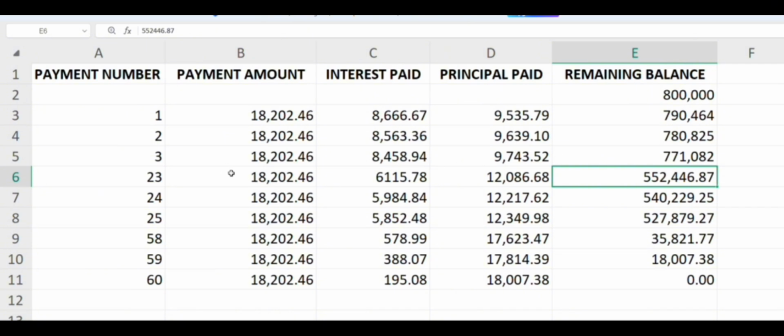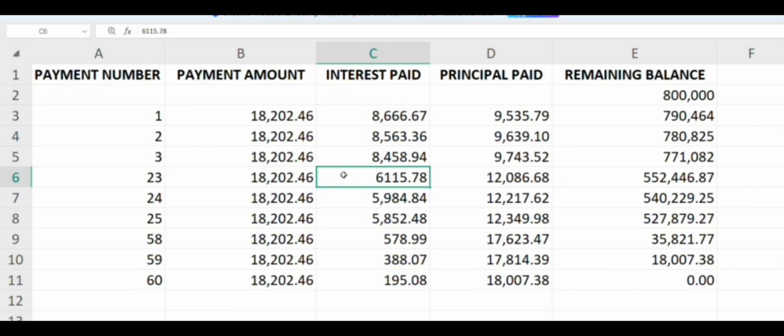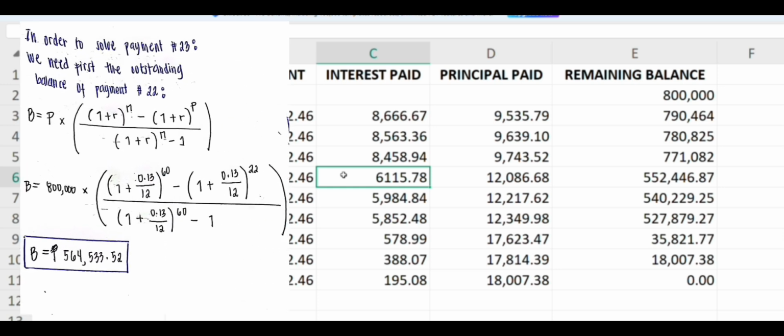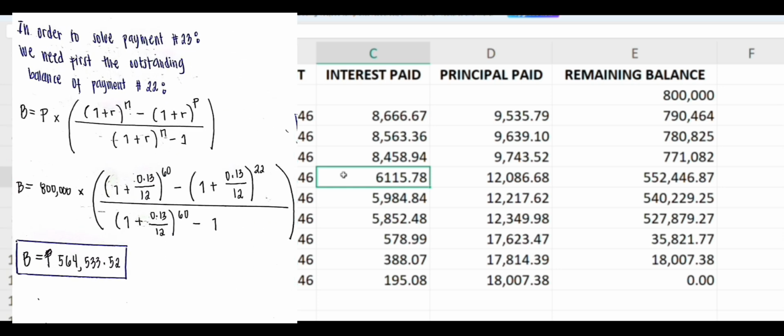And skipping on to our 23rd month, our interest paid is 6,115.78. So in order for us to solve payment number 23, we need first the outstanding balance of payment number 22. So B is equal to P times the quantity of 1 plus R raised to N minus the quantity of 1 plus R raised to P, all over the quantity of 1 plus R raised to N minus 1.